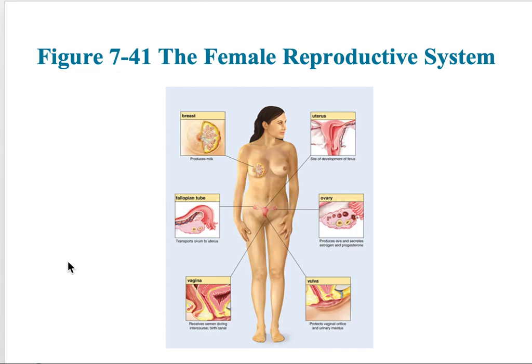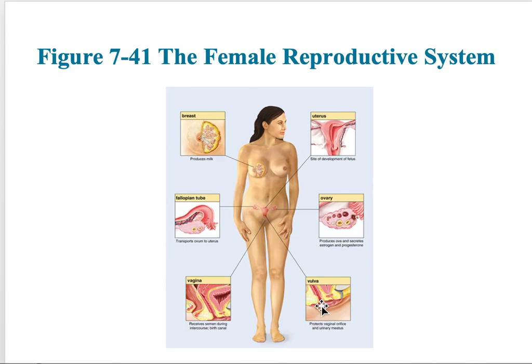The female reproductive organs are the mammary glands, the uterus, the fallopian tubes, and the ovaries, in which the ovaries develop the oocyte. So the female sex cell is the oocyte. Fertilization occurs somewhere down in the fallopian tube, and it's implanted in the uterus.